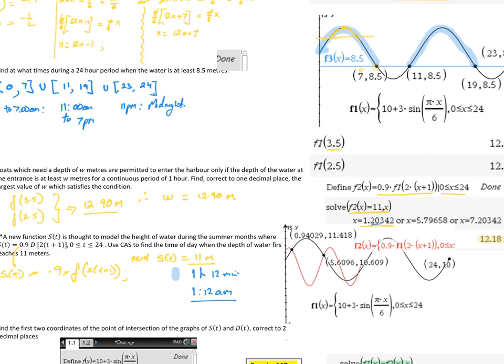To get the coordinates, I put 0.9 into the function, and I get 0.9, 11.4, which we can see up in the graph above us, 0.9, 11.418, no problems.